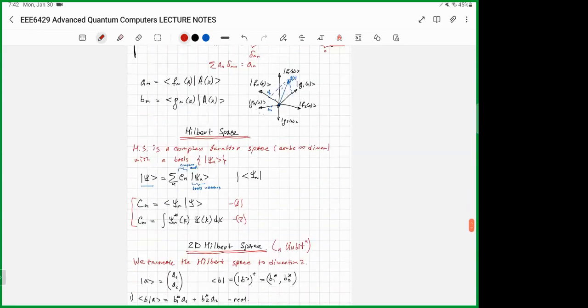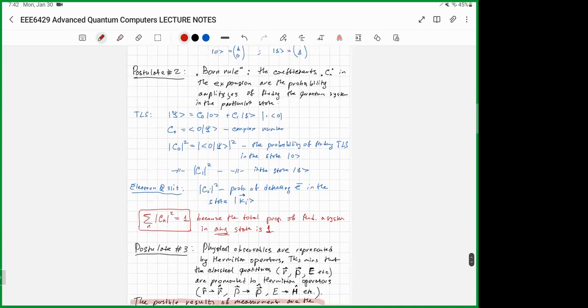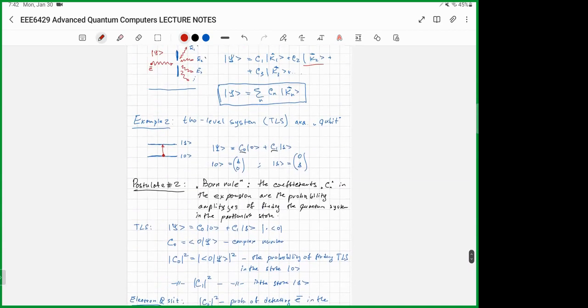So the point is that we can use the eigenvectors of a Hermitian operator as a basis to describe our quantum system. We can use the eigenbasis of the energy operator, or Hamiltonian, and it will be the energy representation. For the same system, we can go to the coordinate representation, which is the eigenvectors of the coordinate operator.